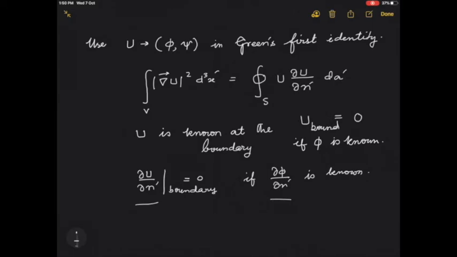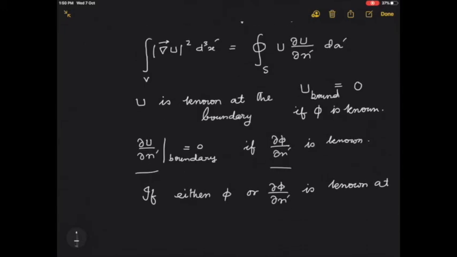So what does that tell you? If either phi or del phi del n prime is known at all points in the boundary, then this surface integral is 0.